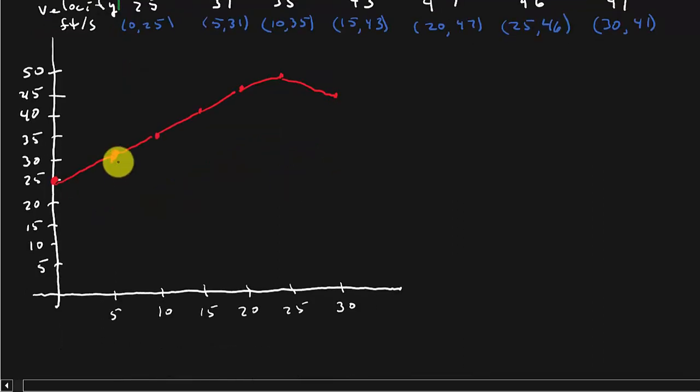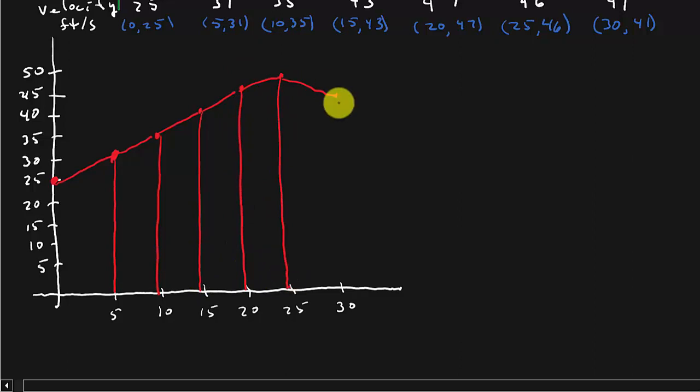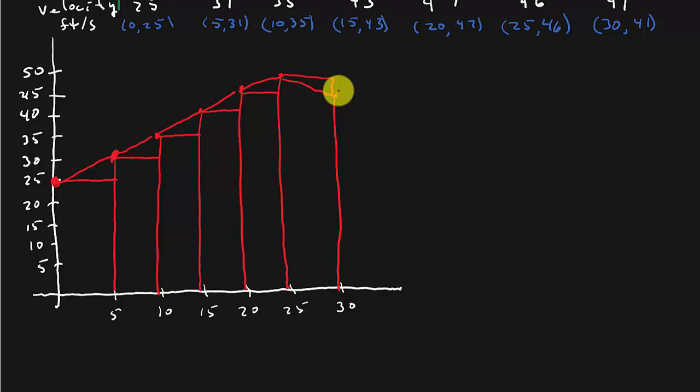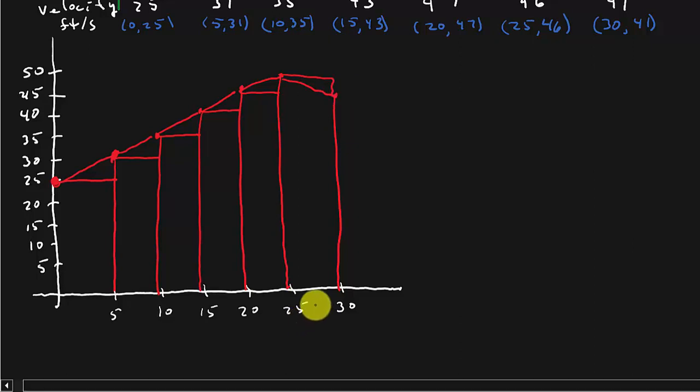And so what this does is I can break this up into rectangles, and I'll use left endpoints here. Okay. So it's going to look something like that. I think I drew that right.